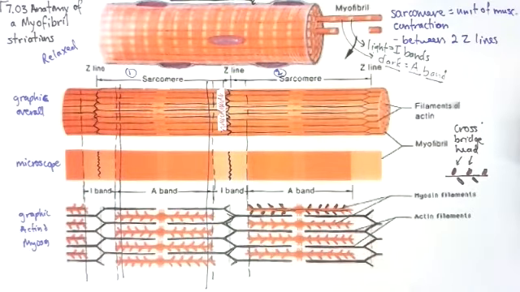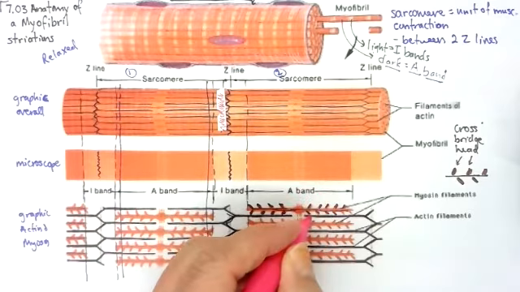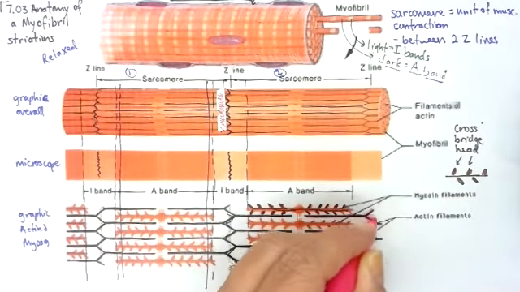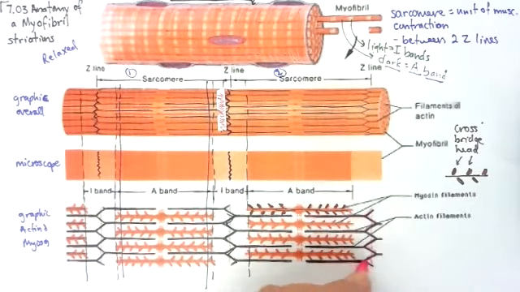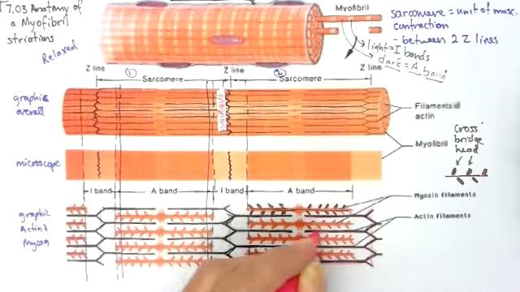These actin then are not only, I'm going to grab a highlighter for this. I'm going to do a pink highlighter. So notice the actin, they're attached to each other through the Z lines. So these Z lines, the actin fibers come off of the Z lines.